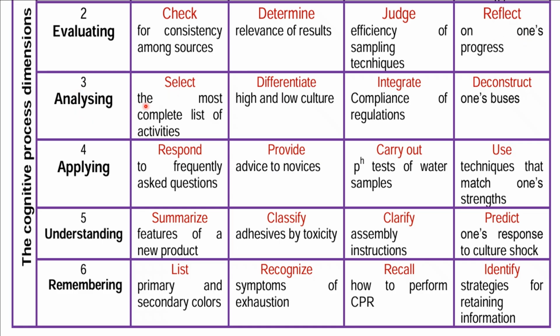Analyzing: select the most complete list of activities, differentiate high and low culture, integrate compliance of regulations, deconstruct one's biases. 4. Applying: respond to frequently asked questions, provide advice to novices, carry out pH test of water samples, use techniques that match one's strengths.